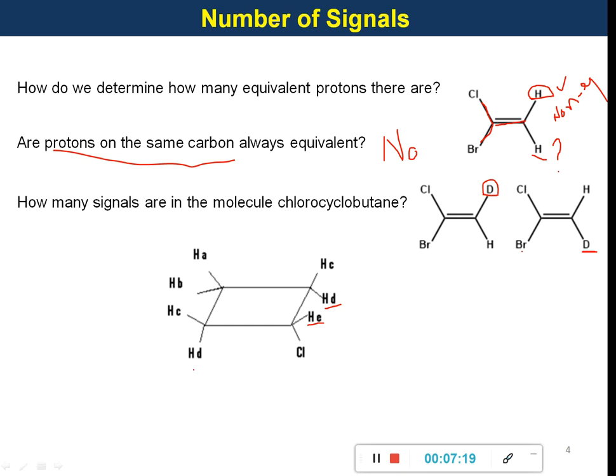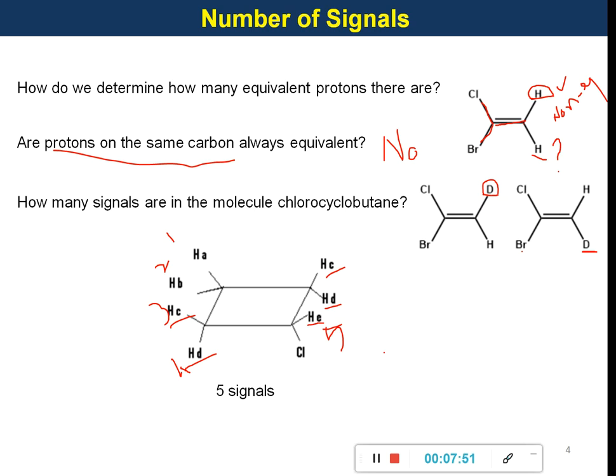So here one kind: these two hydrogens are of one kind and these two hydrogens are of one kind. So totally, if you consider the stereochemistry and everything, then we can expect 5 signals for this compound.